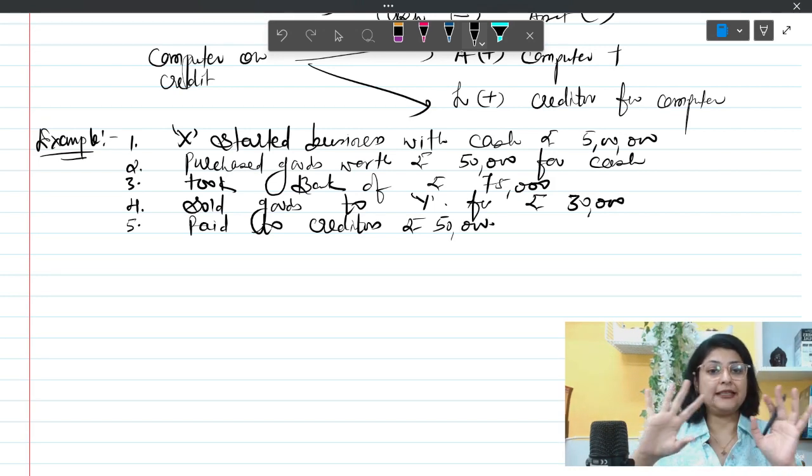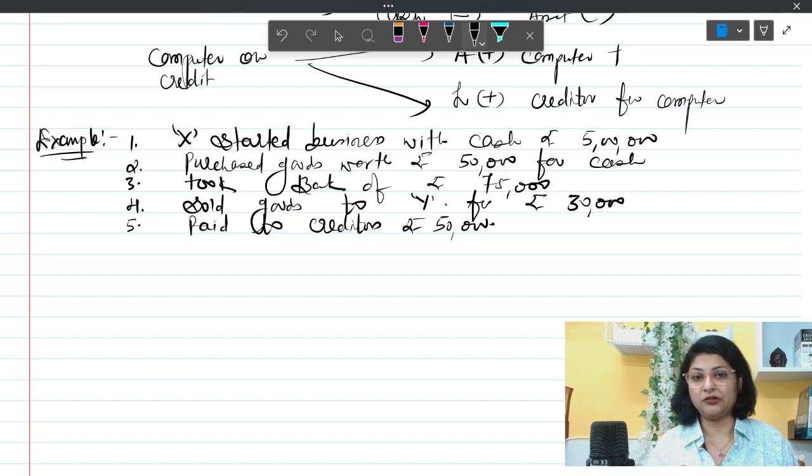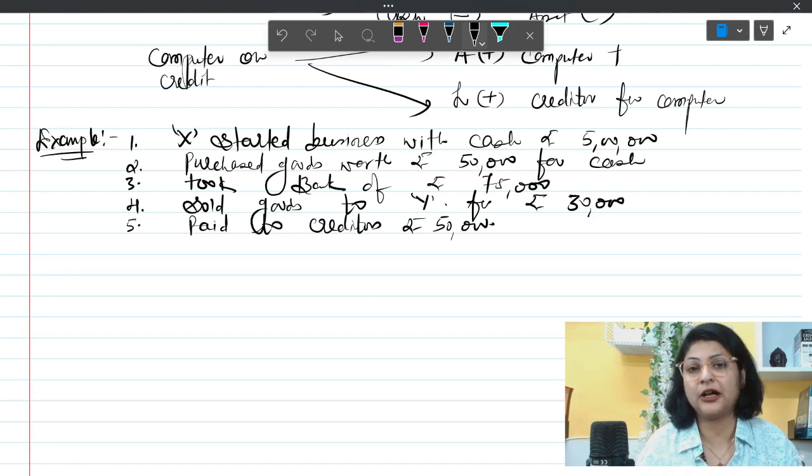Now see, these are the number of transactions given to us, and we have to make an accounting equation. Today what we are learning is how to incorporate all of this in accounting equation. So always and always when you attempt a question of accounting equation, you have to read the question in advance.